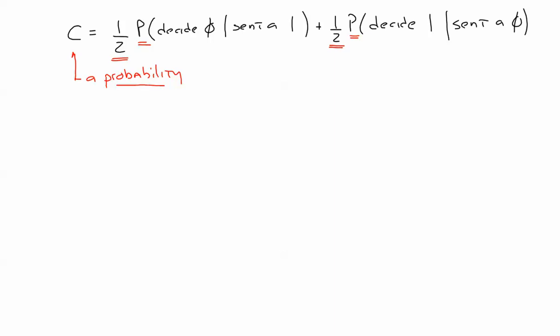Moreover, you'll notice that the probability terms up here are both errors. This is the probability that I make an error by declaring a 0 when a 1 was sent. Over here is the probability that I declare a 1 when a 0 was sent. So my cost for this particular example is the probability of making an error. So I'm going to designate this capital P sub E. And this is the probability of making a decision error at my receiver.